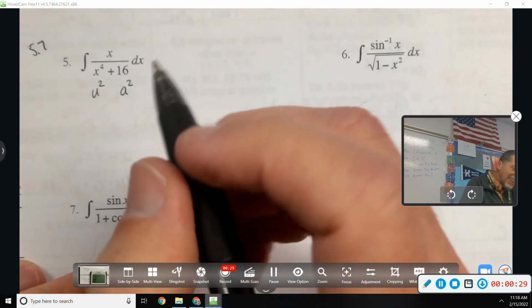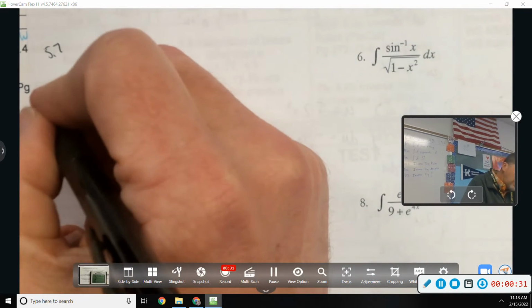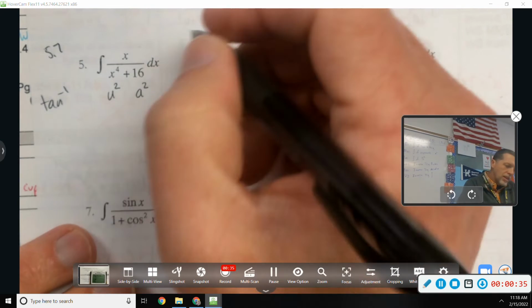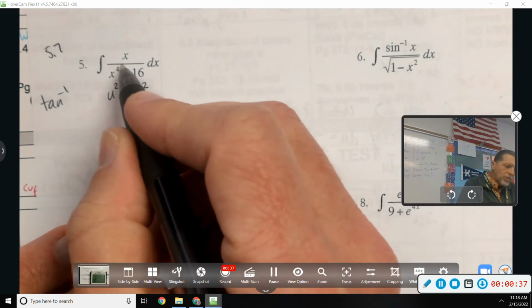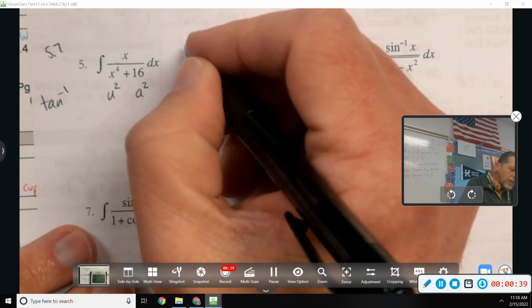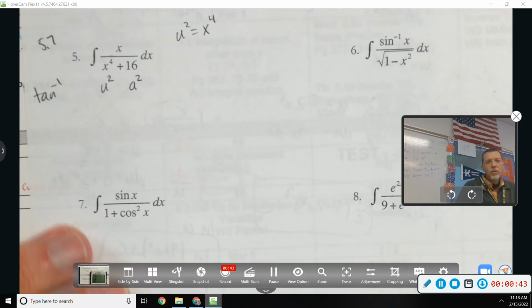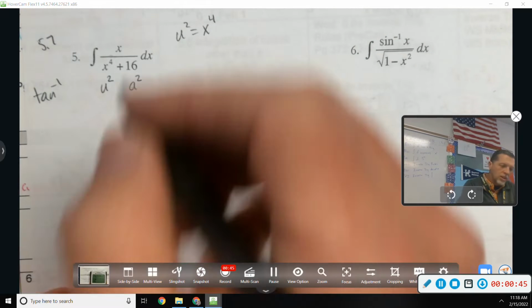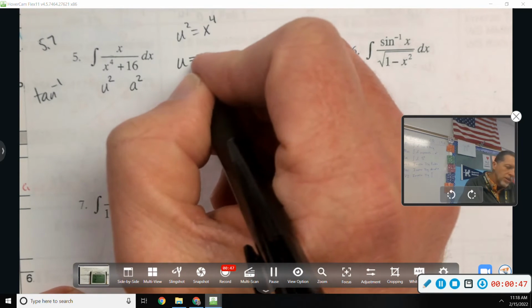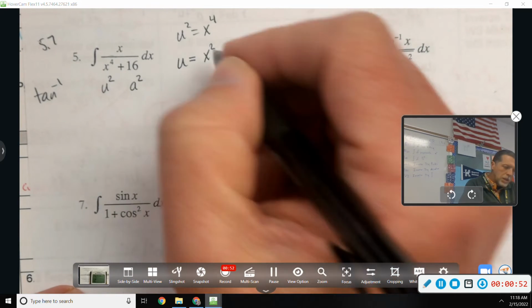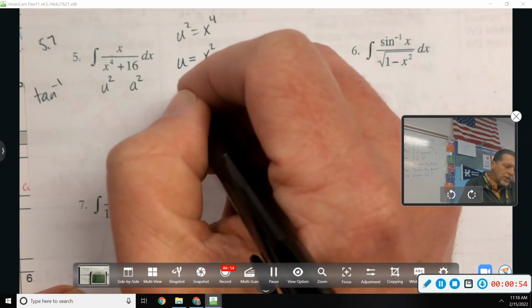Okay. So if I'm thinking inverse tangent, because it sort of looks like it, can you tell by looking what u is, or do I need to spell it out a little bit more here? So if u squared and x to the fourth, then what's u? X squared. What's du?